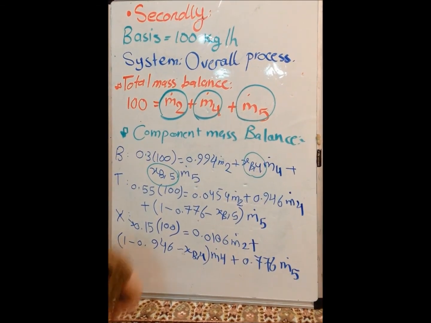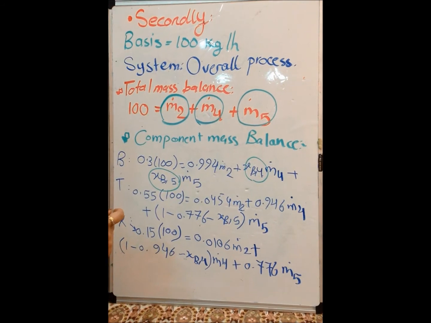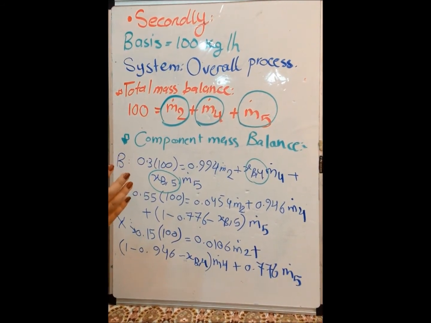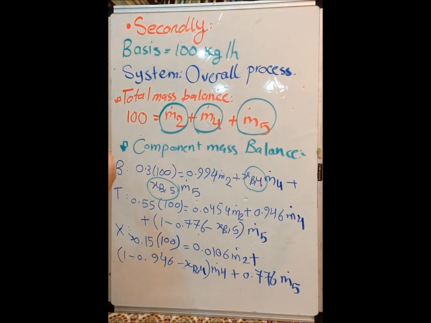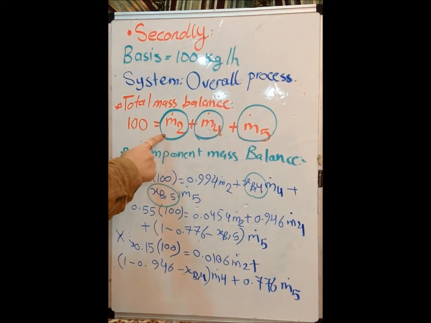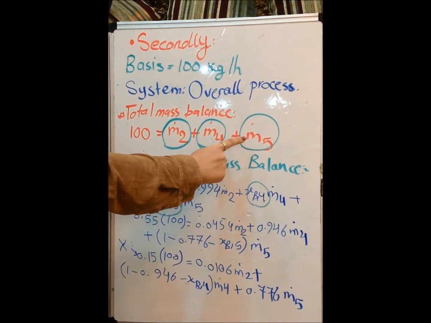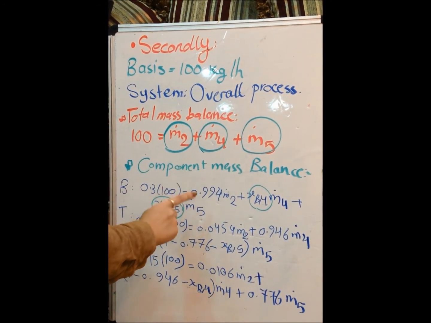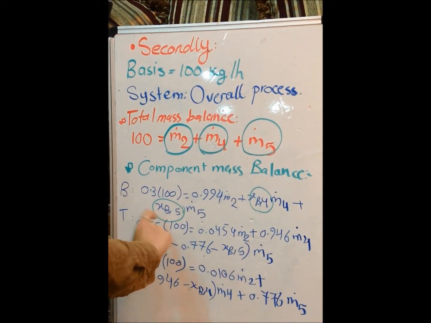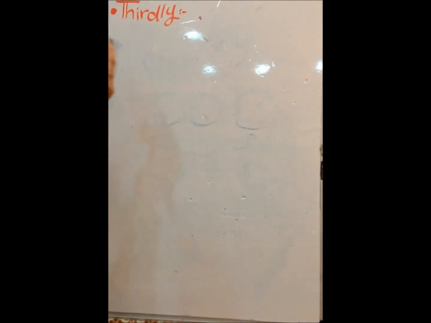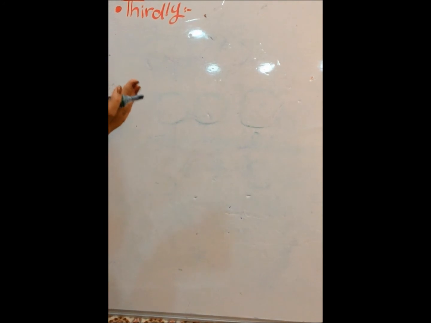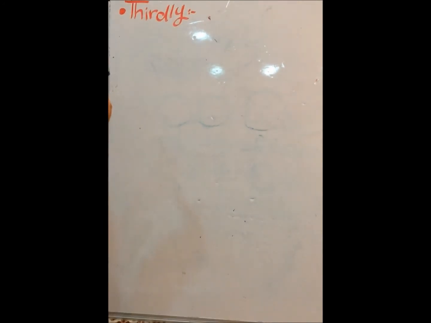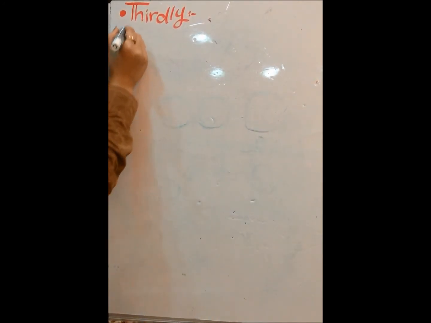So, after the analysis of the overall process, we now consider our unknowns that we have to find, which are the mass flow rates of streams 2, 4 and 5, and also the composition of the benzene in the fourth and fifth streams. Thirdly, after doing the analysis, we should consider our relations.